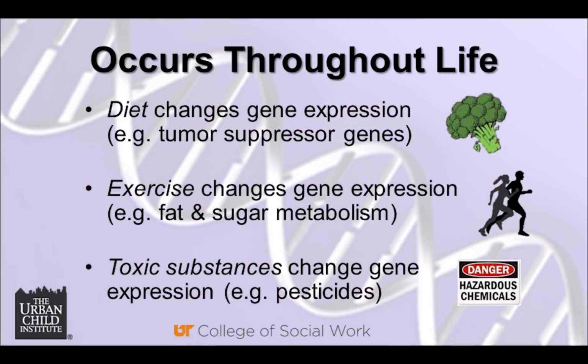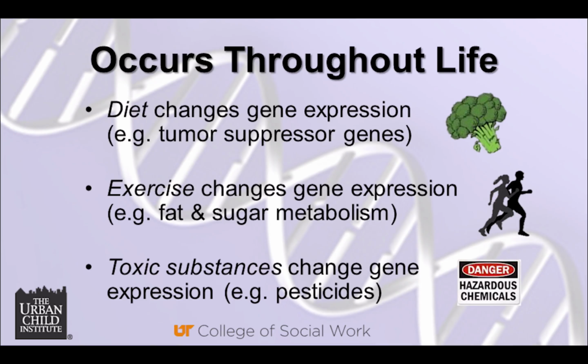Diet changes gene expression. You often read or have heard on television that broccoli helps prevent cancer. Broccoli does this because compounds in the vegetable promote healthy methylation of the cells and particularly strengthen methylation and proper expression of the tumor suppressor genes that you have.